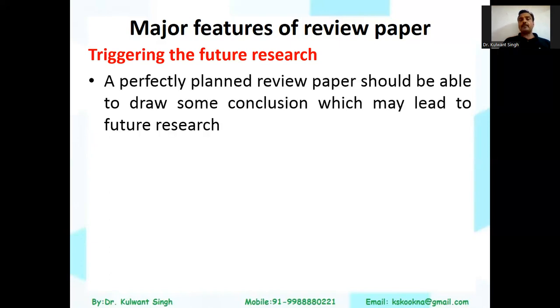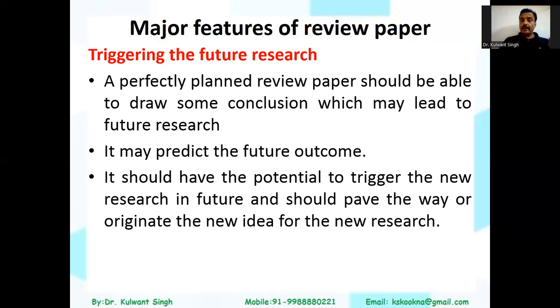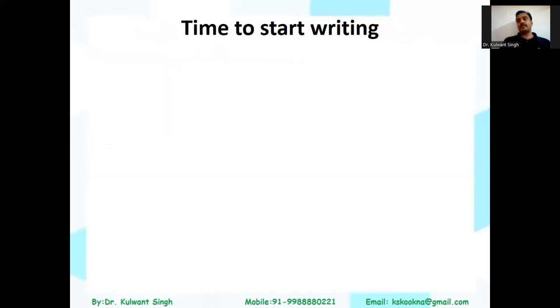A perfectly planned review paper should be able to draw some conclusions which may lead to future research. It may predict future outcomes. It should have the potential to trigger new research in the future, or should pave the way or originate new ideas in new research.